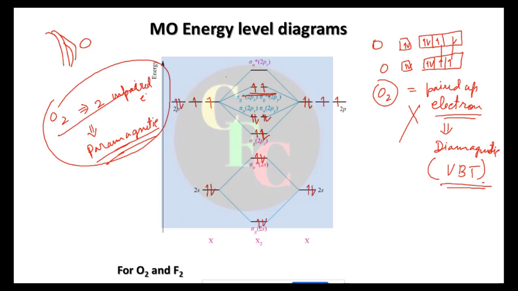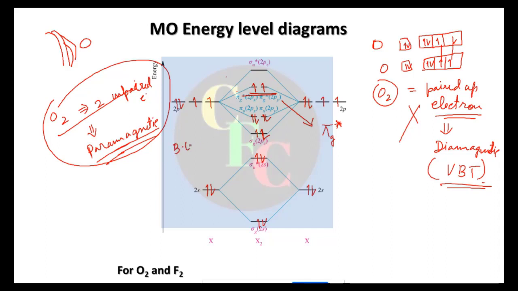Now, where does the unpaired electron lie? The unpaired electron lies here. If you can see it, these are pi star orbitals, with a subscript g here, right? Pi star, not pi bonding orbitals, pi anti-bonding orbitals, right? And you can easily calculate the bond order also.